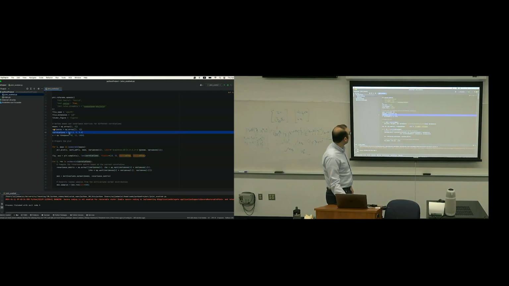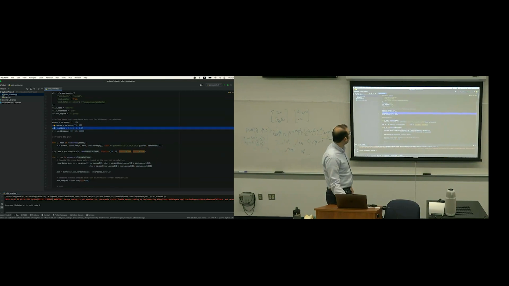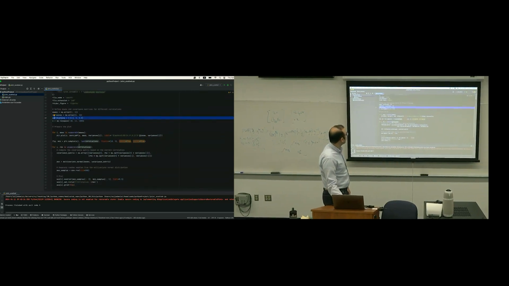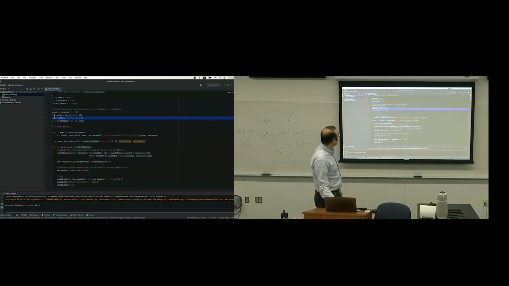For 3 different values of correlation, I want to plot the resulting scatter plot of the joints. In the first part, I plot each of the distributions separately, and in the next part I plot the scatter plot of the joints.